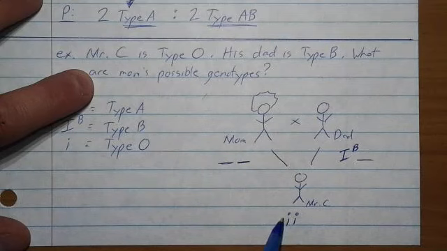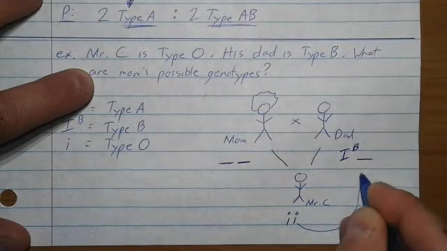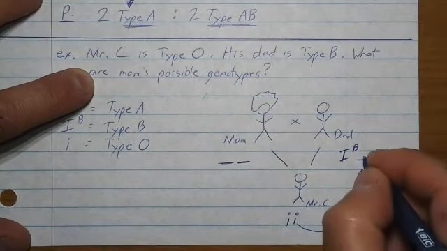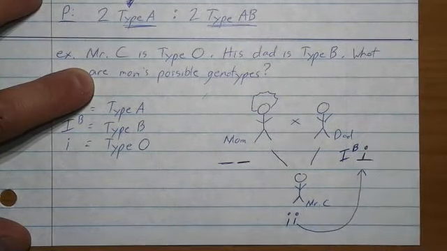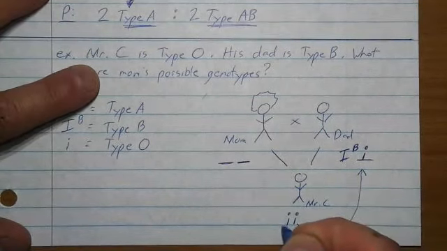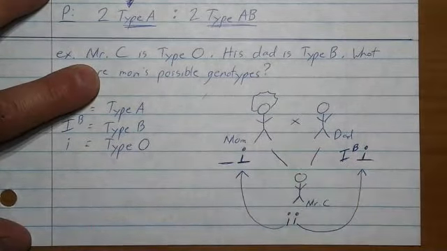He had to get them from mom and dad, of course. So this one must have come from dad. It wasn't the one that we know he used to make type B, so the other one has to be a lowercase i, because this came from dad. And this one had to come from mom, so we know at least one of these is lowercase i.